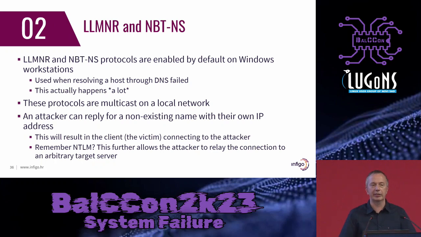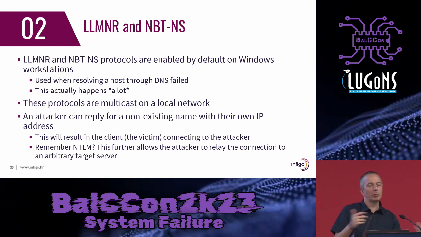Well, unfortunately for us normal people, and luckily for attackers, Windows goes out of its way to make it as easy as possible. So these two protocols, Link-Local Multicast Name Resolution and NetBIOS Name Service, are, guess what, enabled by default.